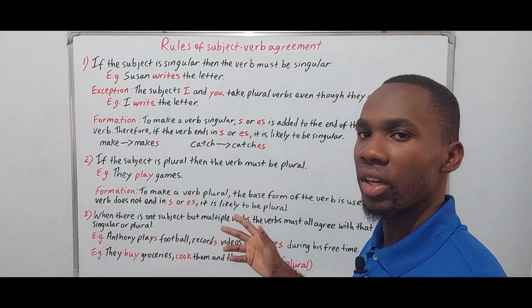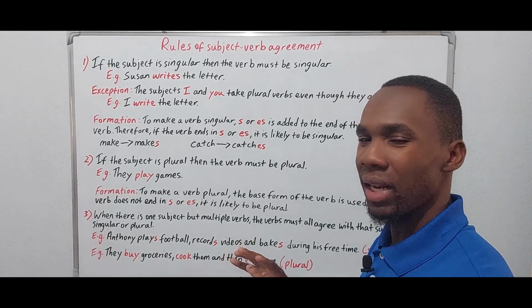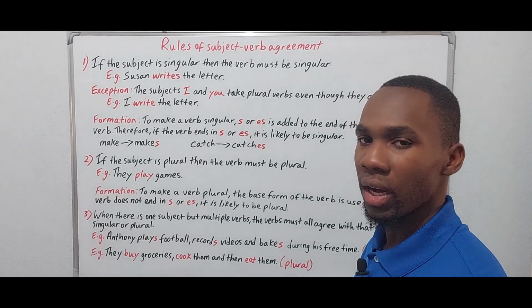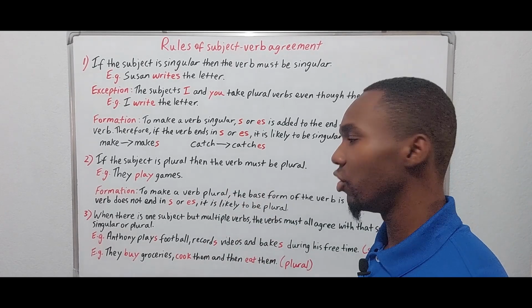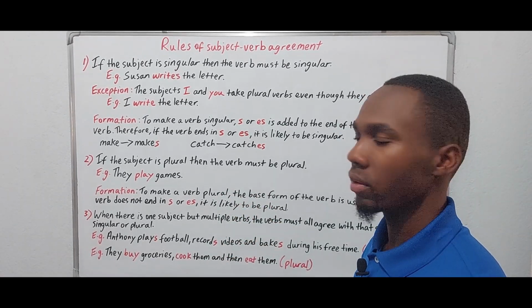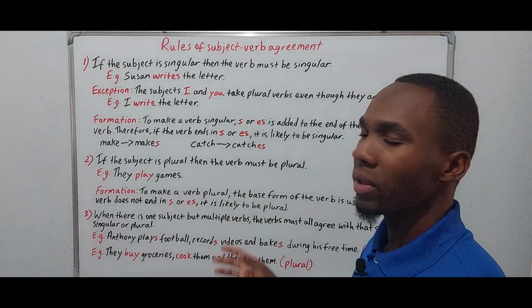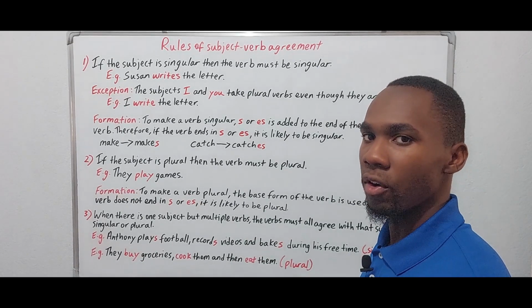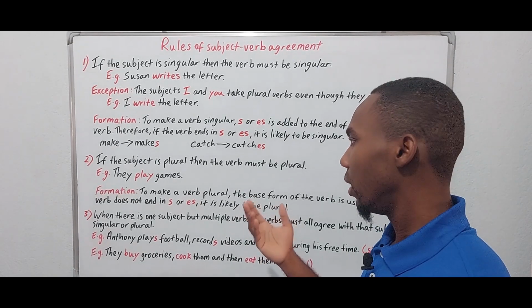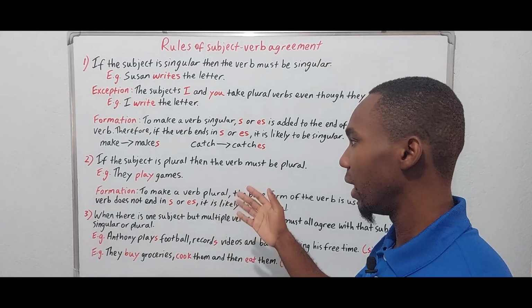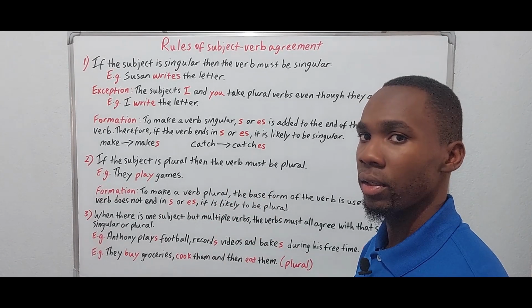And of course, this is just a generalization because there are many different tenses in English where verbs will change and what have you. So this is just a general idea, okay? And especially in the present tense, right? So if the verb does not end in s or es and it takes the infinitive form, it is most likely going to be a plural verb, right? So they play, from the verb to play, right?